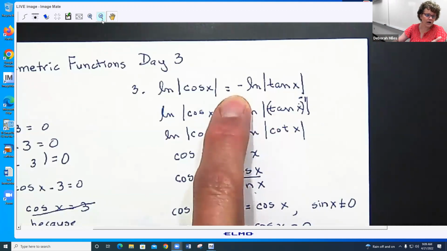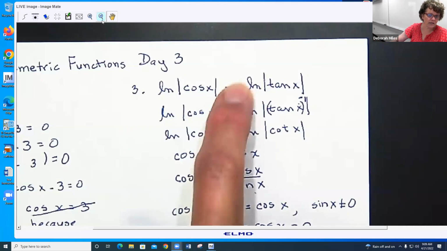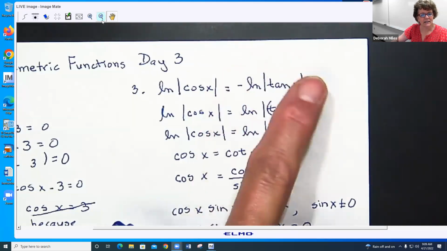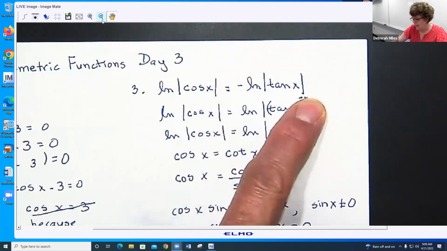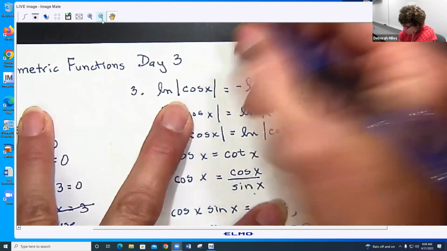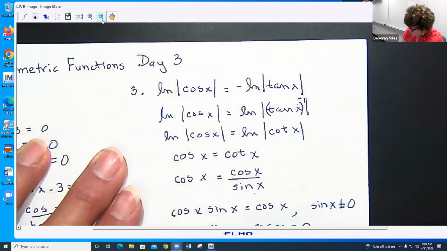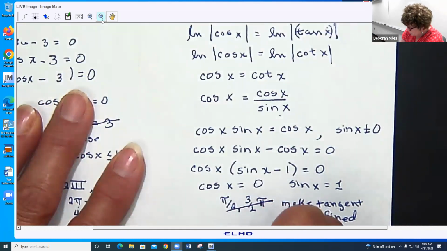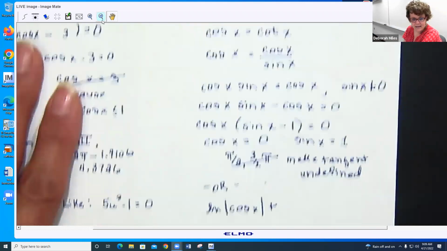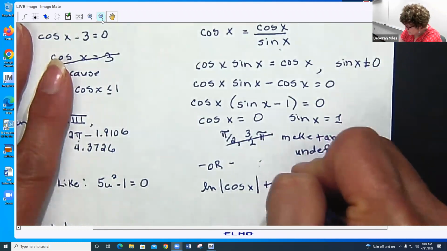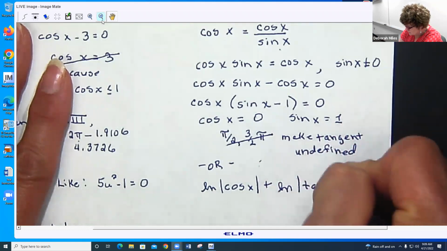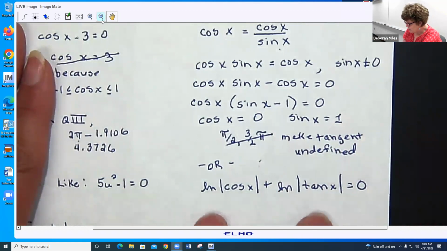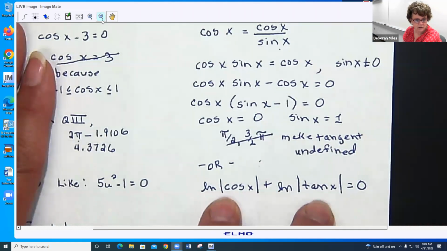Instead of putting that negative coefficient back as the exponent of tangent x, I could have added natural log of tangent x to both sides. And then how do I put back together the sum of two logs?